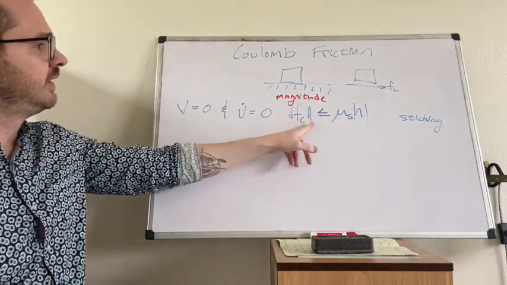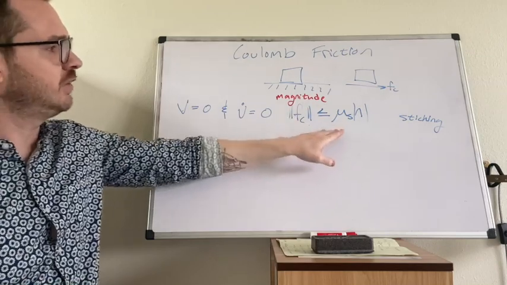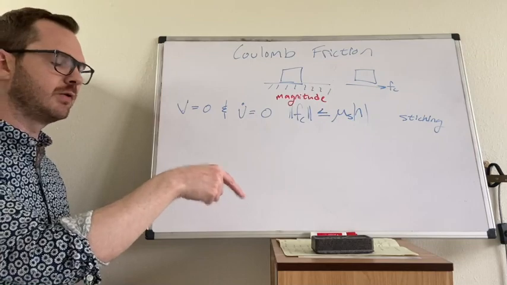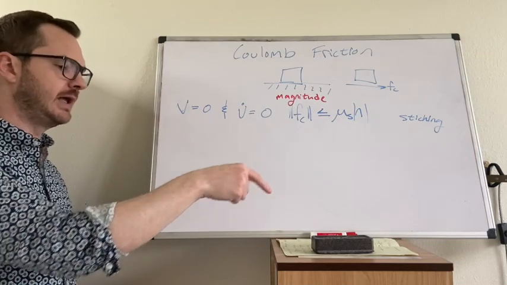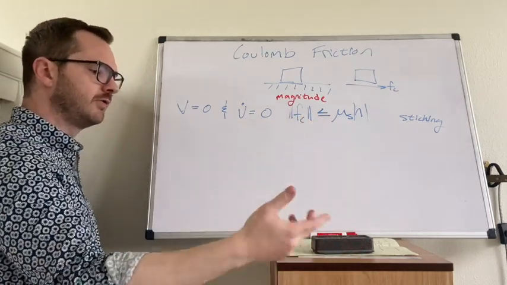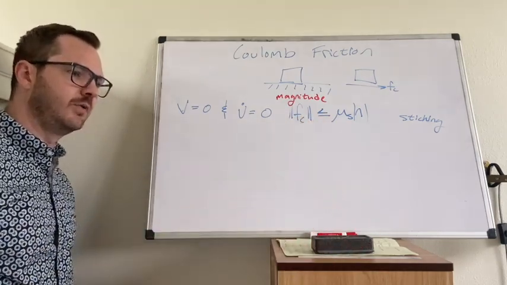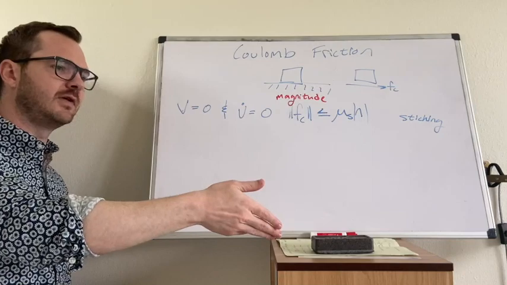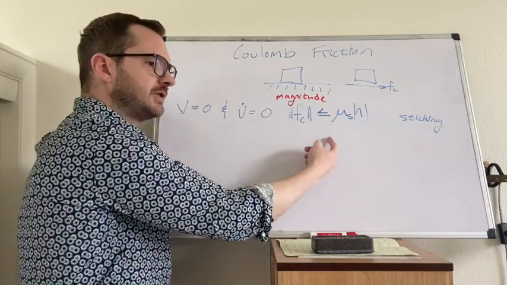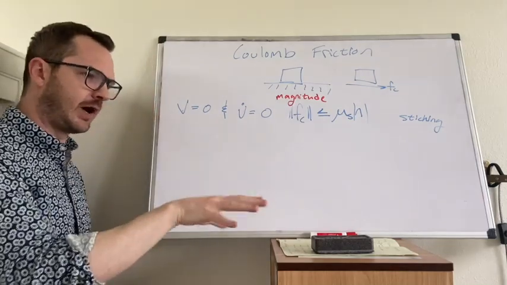Well, if the Coulomb force, if the friction is equal to mu times n, then I ask you, why isn't my block moving right now? It has n and it has mu, and if you multiply them together, you get non-zero. So if the sum of forces is equal to mass times acceleration, why isn't it accelerating? And it's not, simply because there is actually no friction acting on that eraser right now.